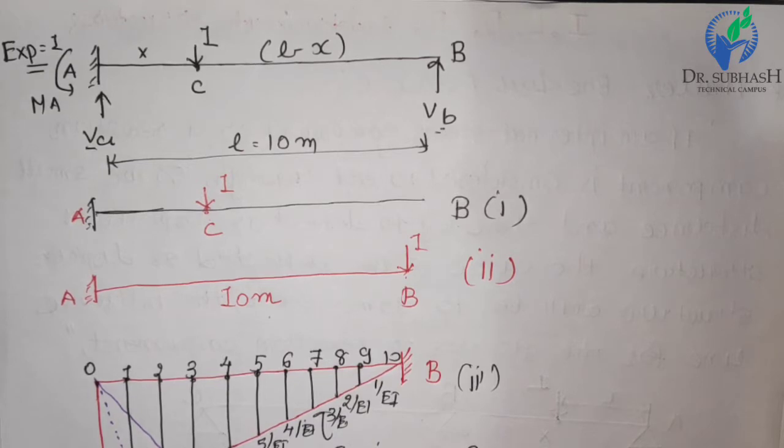In that, we found the ordinates of the influence line for VB. Today in this lecture we will continue the same example and find the other ordinates, of VA and MA.